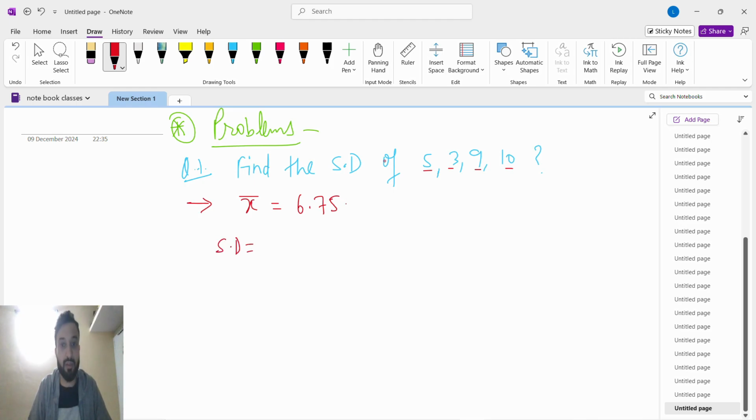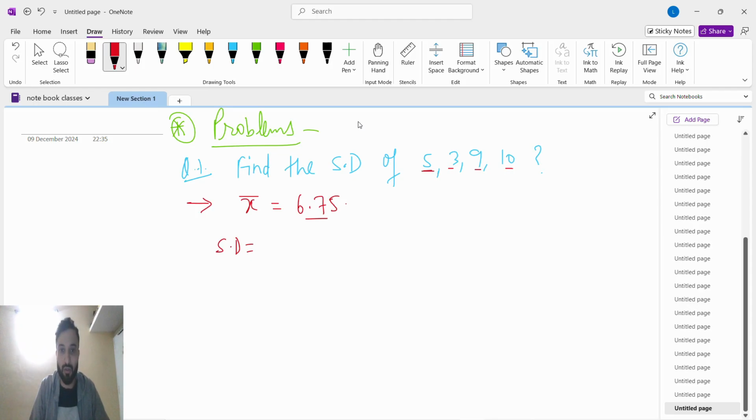The standard deviation means x1 minus x bar, the first observation minus the mean, whatever you get, you have to square, because here we don't have modulus, so the negative value will not get converted into positive. So we square it so that the negative value gets converted into positive.